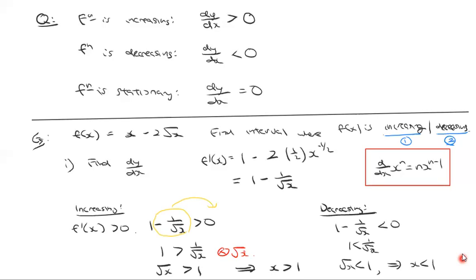Is that right? Yeah. Okay. So that has nothing in and of itself to do with increasing and decreasing. So if that is where you're having the problem with this question, then I understand where your query is coming from. But it's not because you don't understand increasing or decreasing. It's that you need to think about this question.